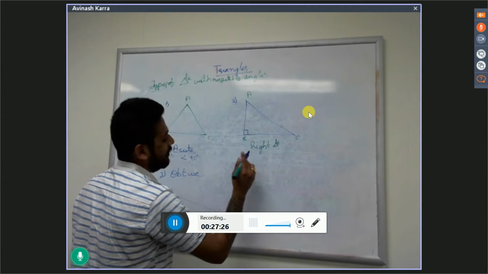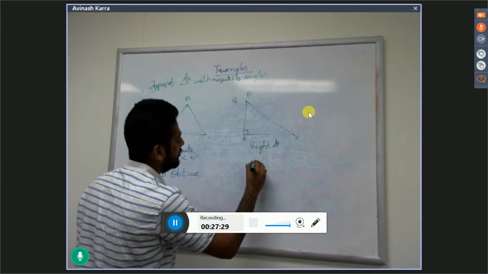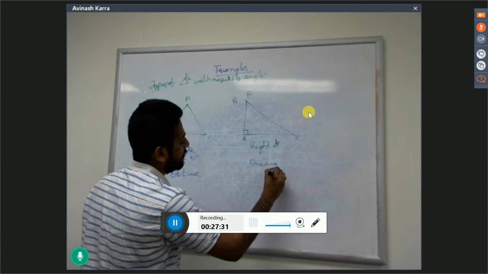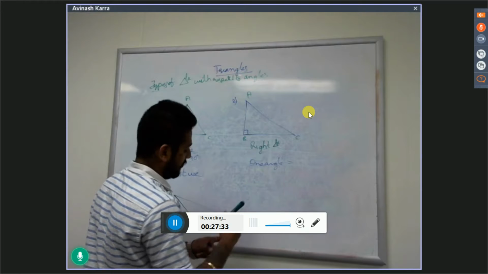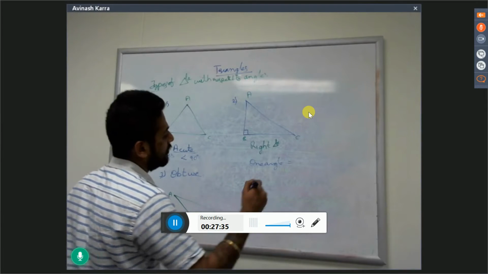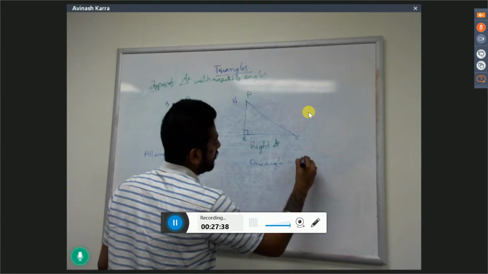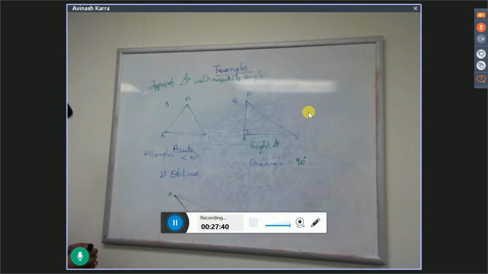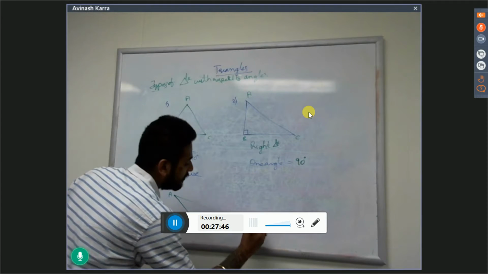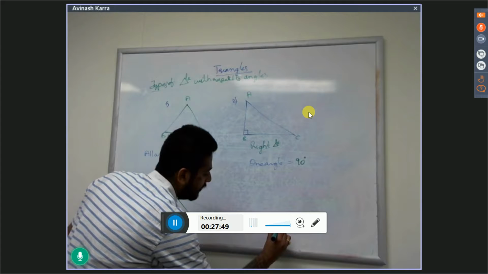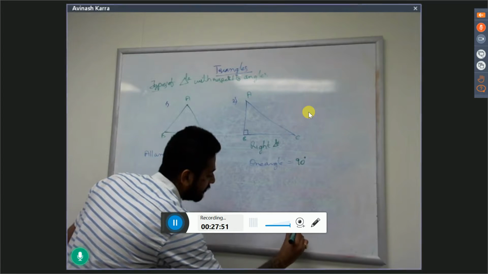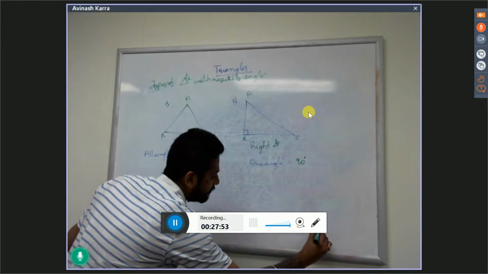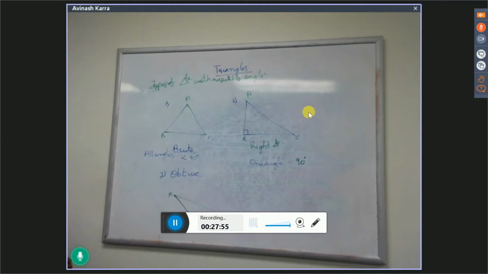One angle will be equal to 90 degrees. And what is an obtuse angle triangle? One angle will be greater than 90 degrees. Is it clear?